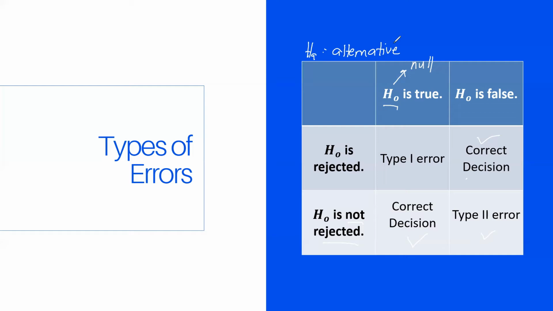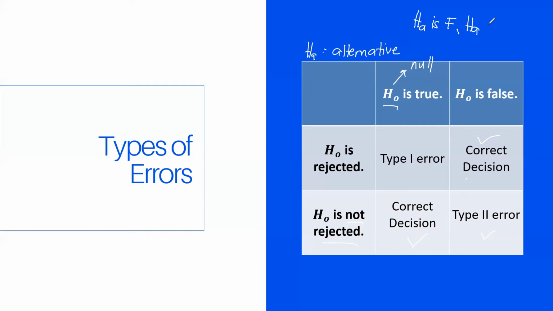Reminder that we are talking here about the null hypothesis in this example. So what if we have the alternative hypothesis? Let's take for example, if we have a false alternative hypothesis, H sub A is false, and we reject it.